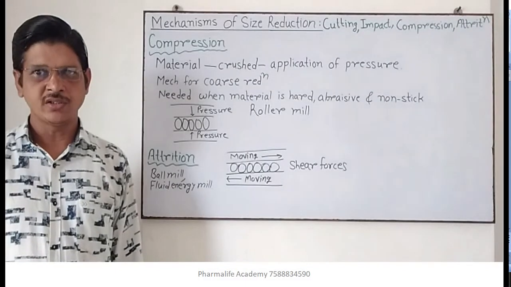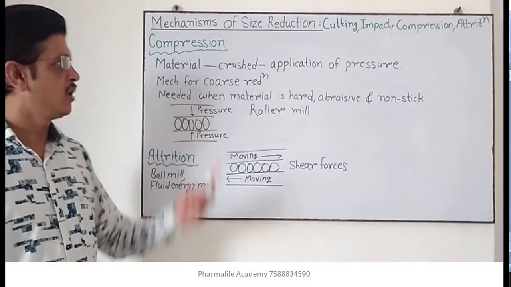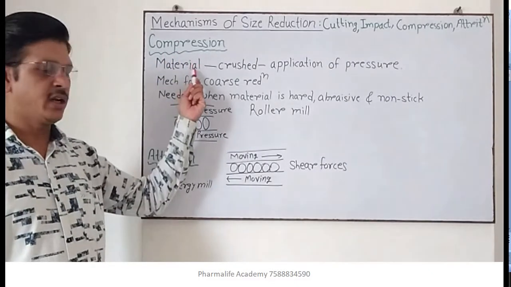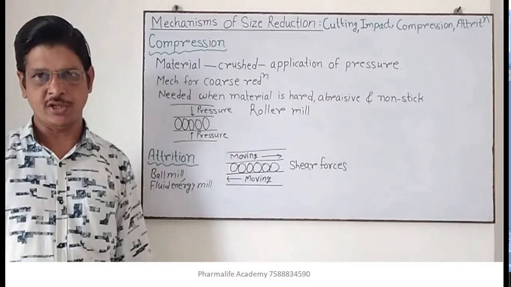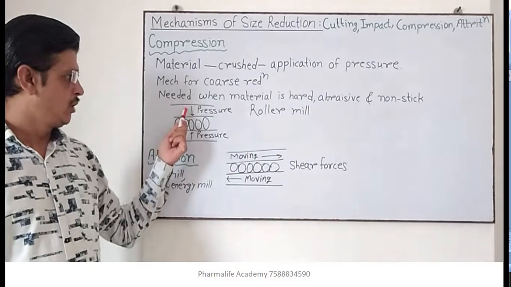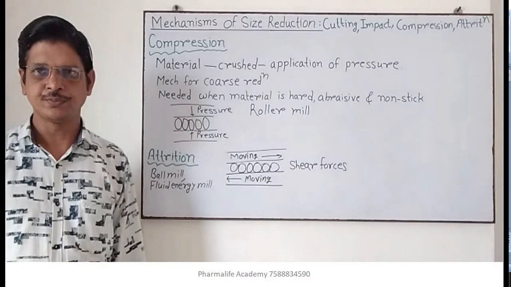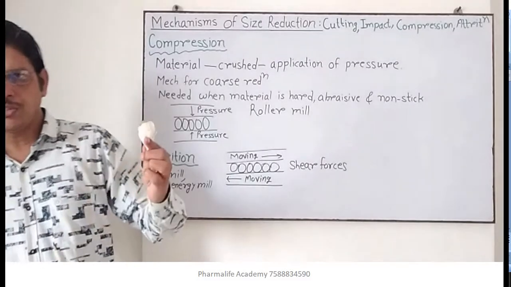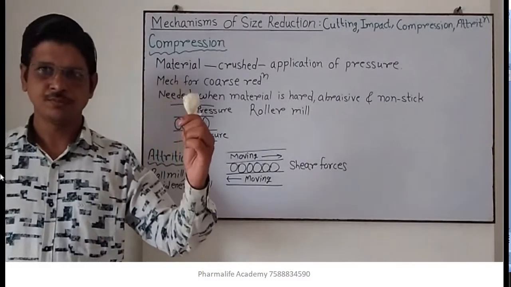The third mechanism of size reduction is compression. Compression occurs when a material is crushed by the application of pressure. The material is placed in between two rigid surfaces. Students, this is a garlic bulb.